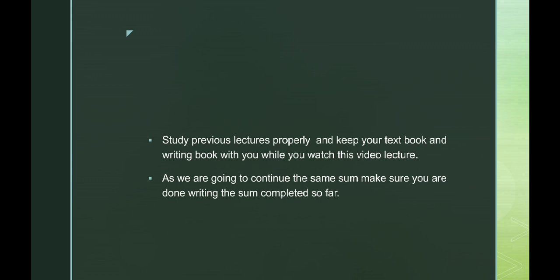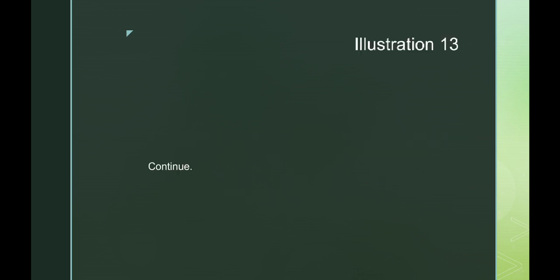If you remember all the steps, which is the next step that we are going to follow? It is about accumulated reserves and profit and loss. It is illustration 13 that we are going to continue. It is given on page number 227 of your textbook, followed by page numbers 228 and 229, where you have journal entries.